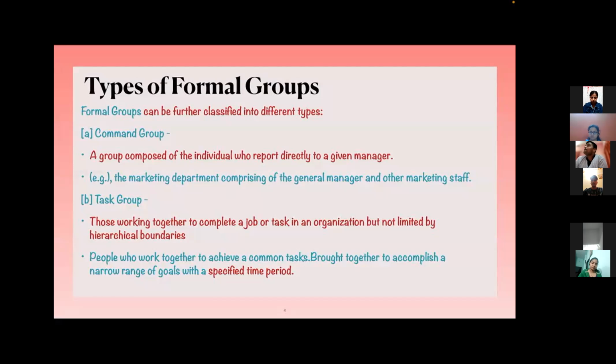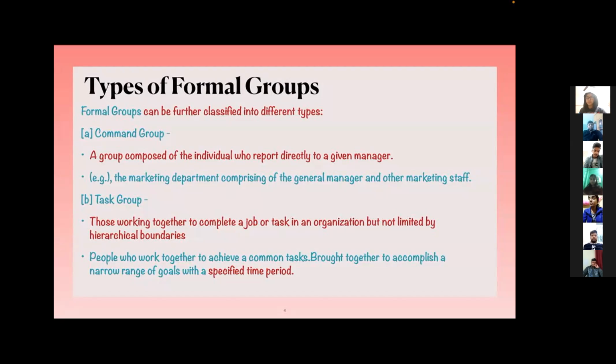First one is the command group, a group composed of individuals who report directly to a given manager. So in a command group, there is a manager to whom every individual in the group reports. Second one is the task group, those working together to complete a job or task in an organization, but not limited by hierarchical boundaries. We can understand these 2 groups with an example.